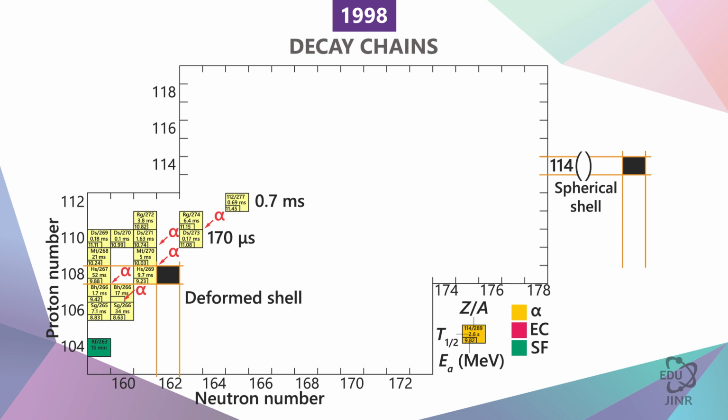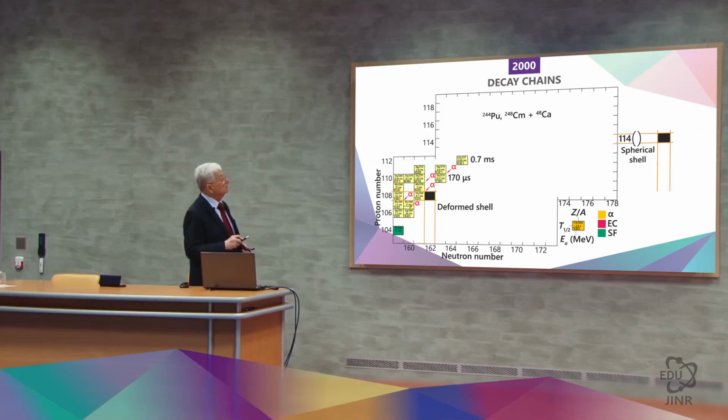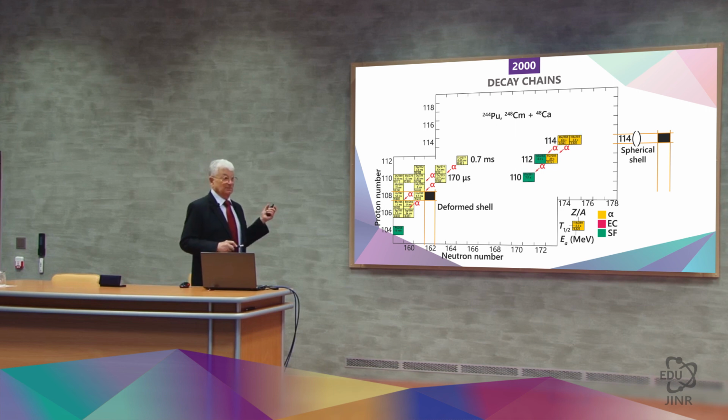We can now enter this area, which was previously inaccessible, using targets made of plutonium-244, curium-248, and calcium-48. And these decay chains that I have shown you were first discovered in the year 2000.